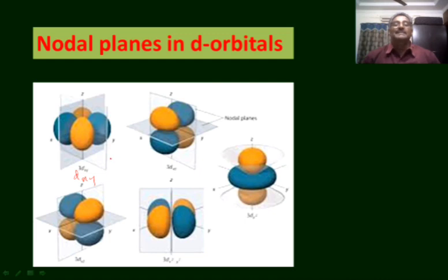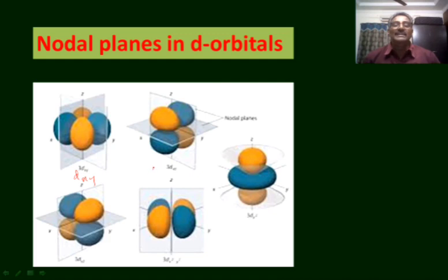We discussed that a p orbital has one nodal plane, whereas a d orbital has two nodal planes.